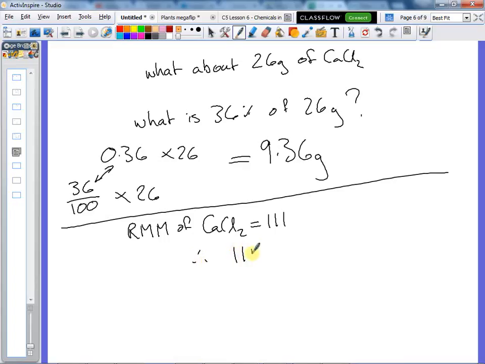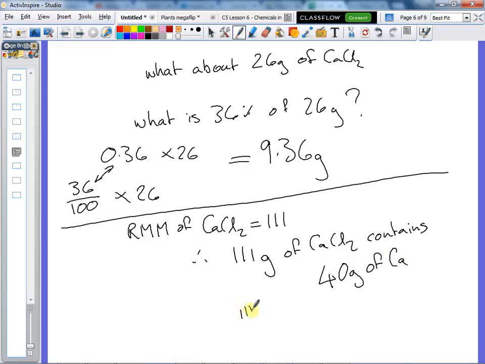Therefore, 111 grams of calcium chloride contains 40 grams of calcium. 111 grams divided by 111 equals 1 gram of calcium chloride contains 40 divided by 111.